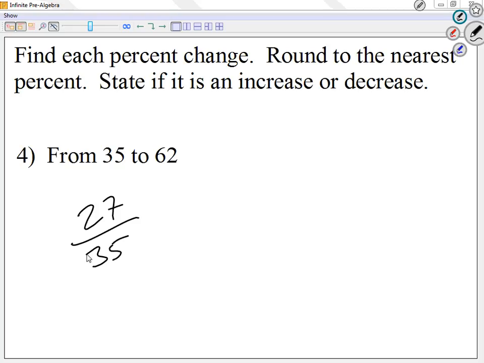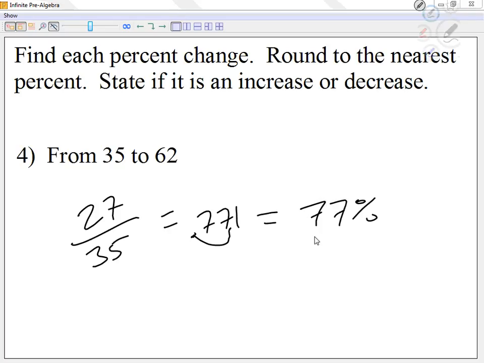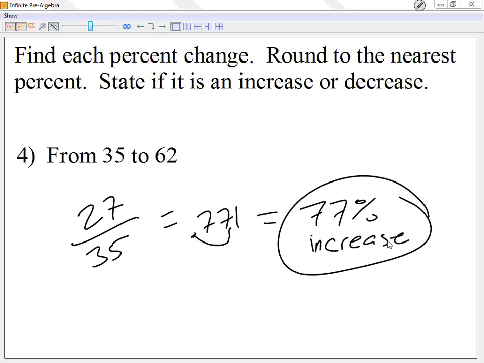So 27 divided by 35. My first three decimal numbers are 0.771. I move it two places to the right. My 1 is not big enough, so I'm just going to ignore it, and I'm going to call this 77% increase. I'm using the word increase this time because the price went up.